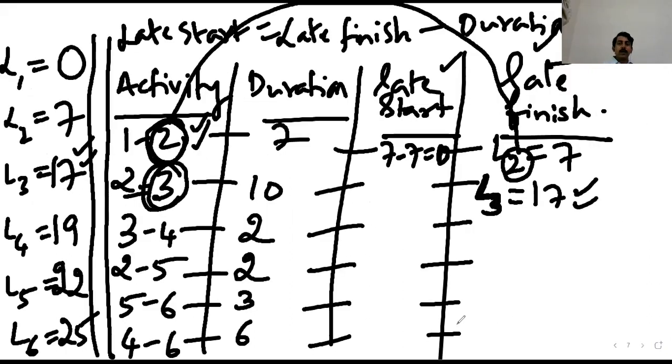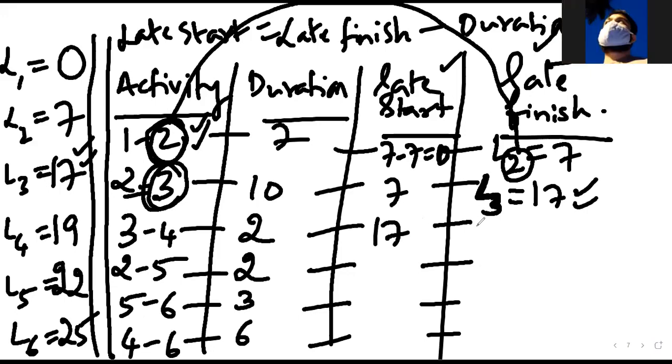Okay. If anyone wants to go back to the previous screen, just let me know. Okay. So what should be the values here? Let's start. 7. Next, 3-4, 17. Late start is 17.